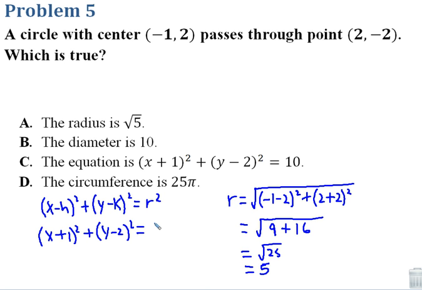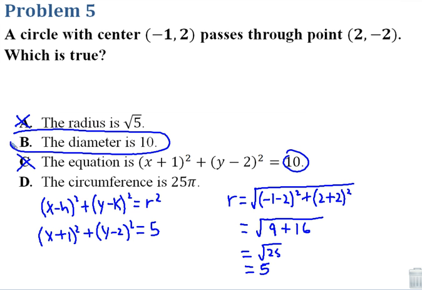Okay, so I could say equals 5. Right off the bat, that X's out option C because the radius is wrong. Okay, we also see from that radius is 5, it can't be square root 5. But if the radius is 5, double that, we'll get the diameter is 10. Okay, so we have option B, diameter of 10.